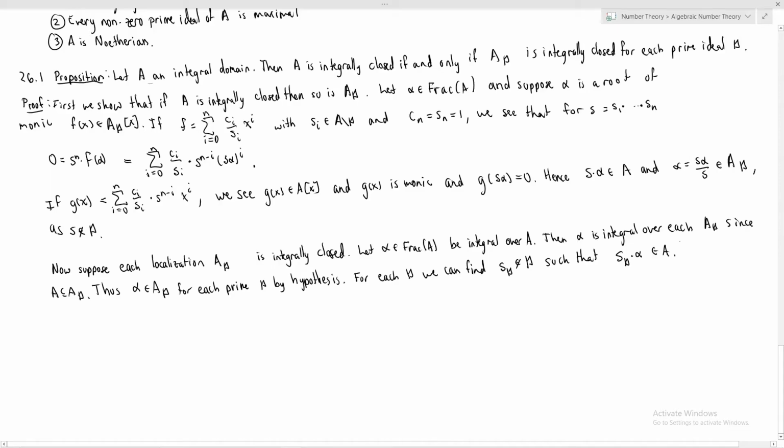We're going to consider the ideal generated by these s sub P's. And the thing to note is that this ideal cannot be contained in any maximal ideal.